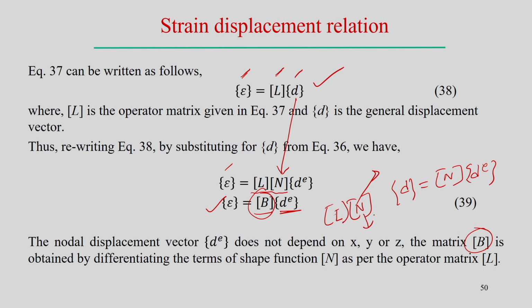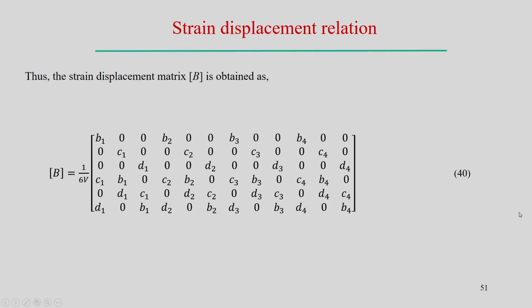So, B is obtained by differentiating the shape function matrix N with the operator matrix L. Sometimes it is necessary to find this differentiation of the N matrix with the operator matrix L, so that we can do further calculation on that. So, the strain displacement matrix B can be obtained like that.